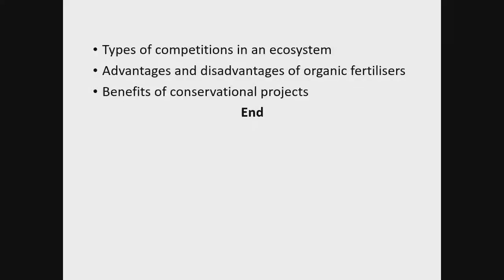You will have a continuation of those species. You will have an ecosystem that is intact in terms of food chain and food web. So you also need to look at the benefit of a conservation project. This is the end of the presentation for Bio 22.